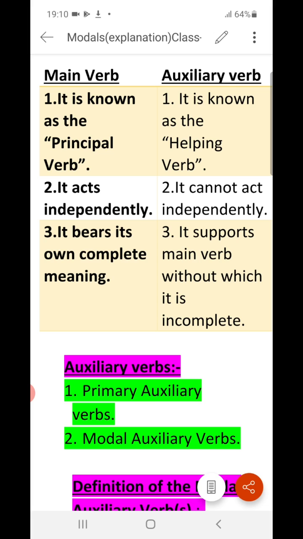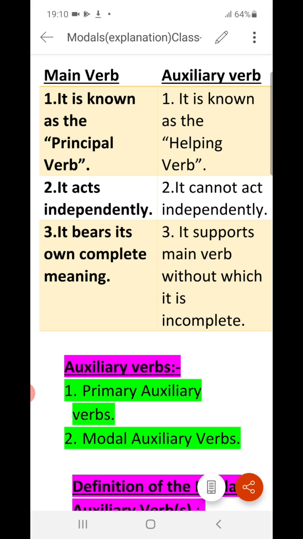So where the main verb acts as the principal verb, the auxiliary verb acts as the helping verb.